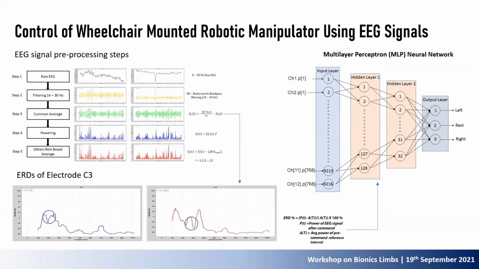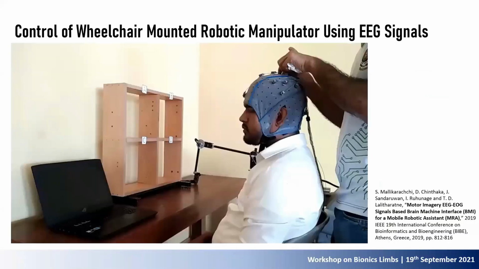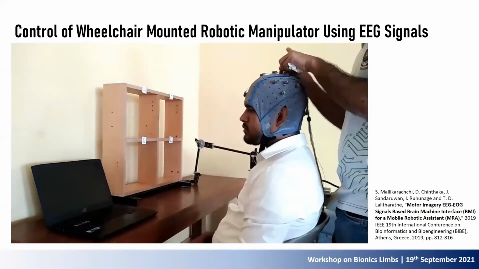We use a multi-layer perceptron neural network, as I remember with a lot of nodes, to train the algorithm and detect the EEG signals when a person imagines a left hand motion versus a right hand motion. Finally, we use that classifier to control the wheelchair and the robot manipulator. So you can see the complete video of this process. Let me play the video.